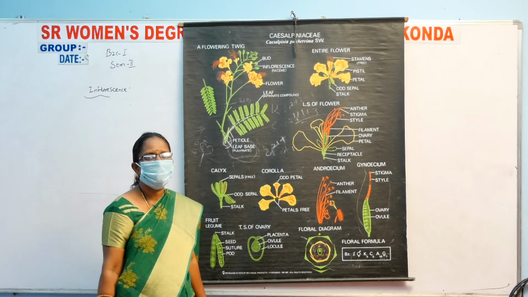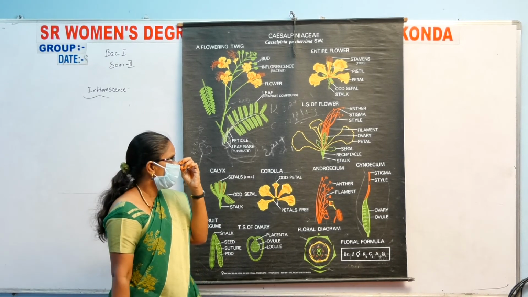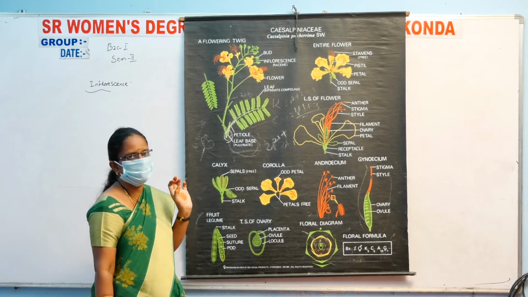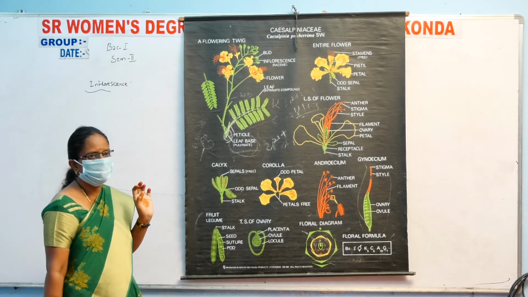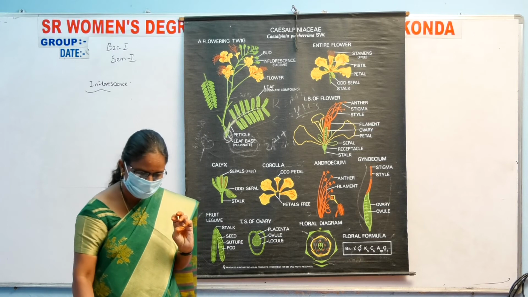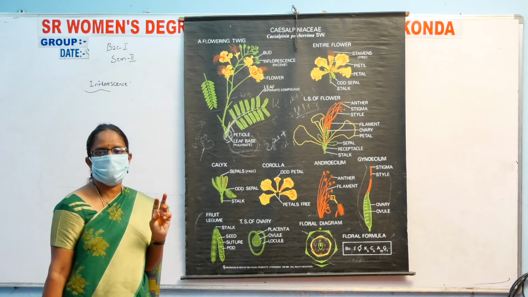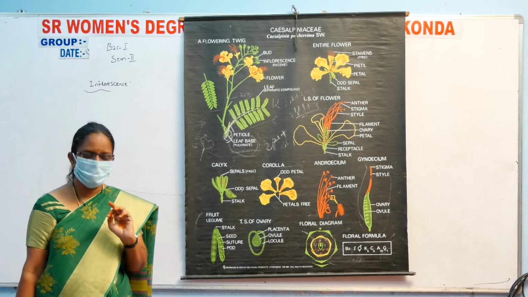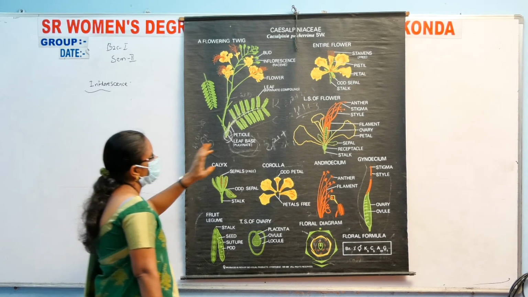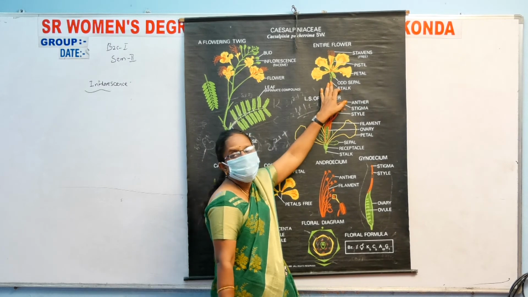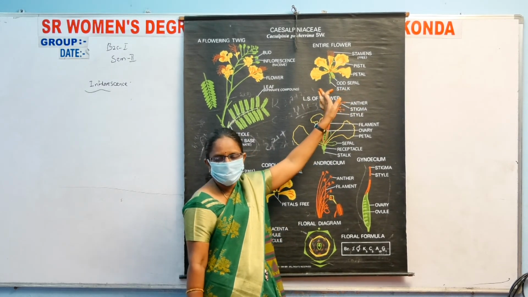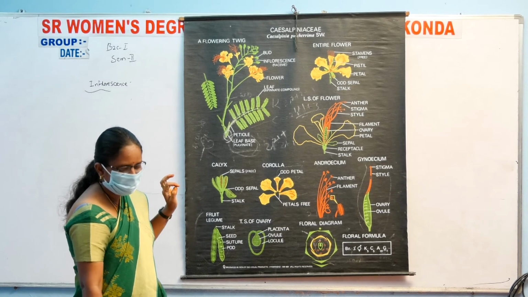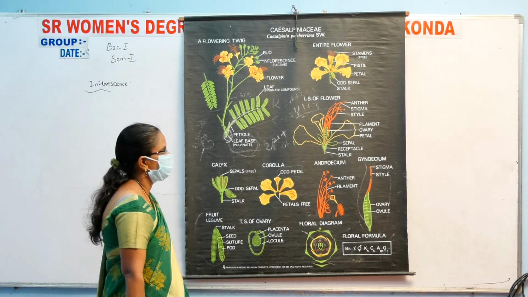The flower consists of the sepals, petals, androecium and gynoecium.